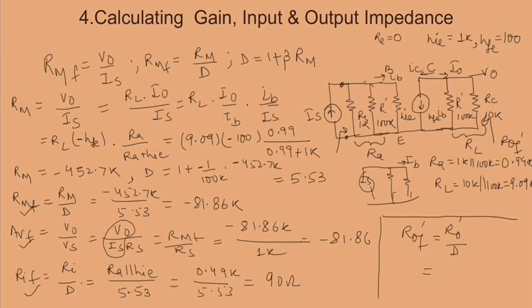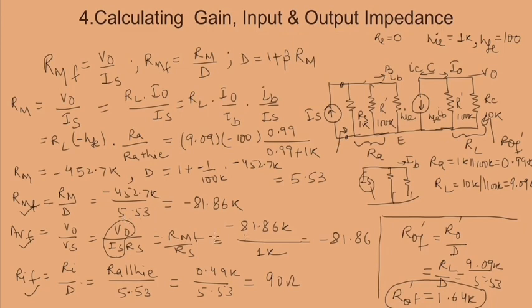It is nothing but, in this case, RL by D. And RL is calculated as 9.09K divided by 5.53, which gives us the value of ROF dash as 1.64K.